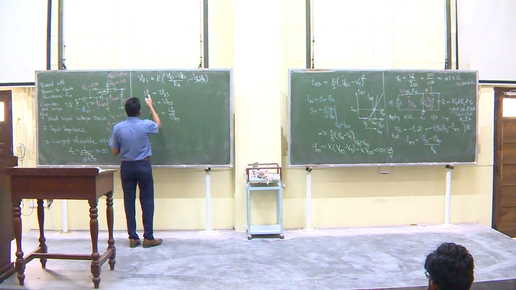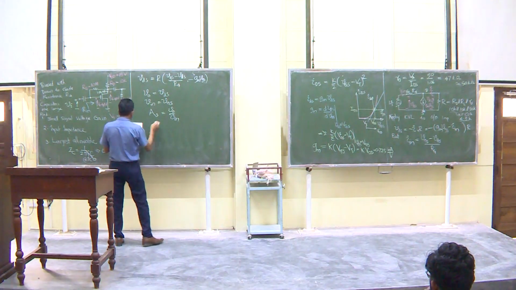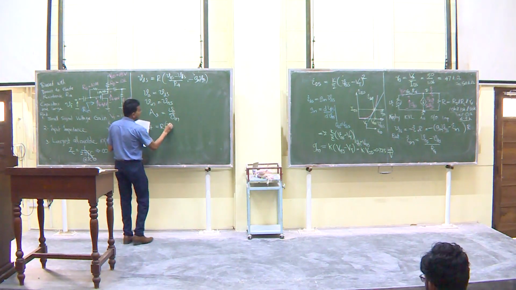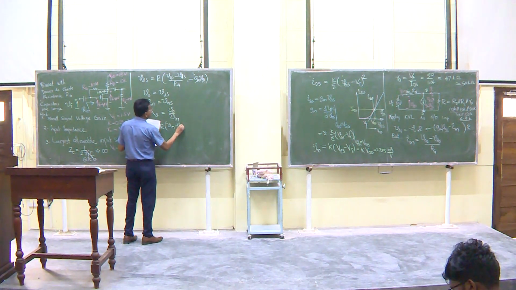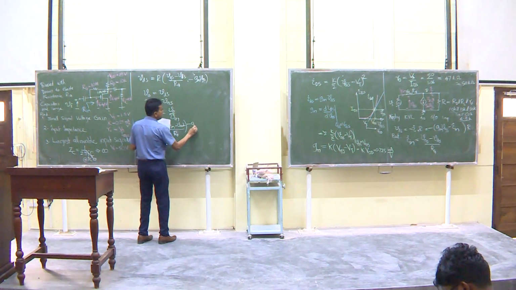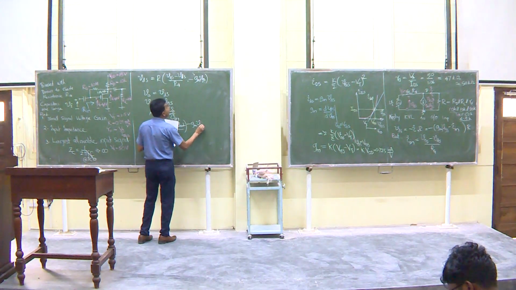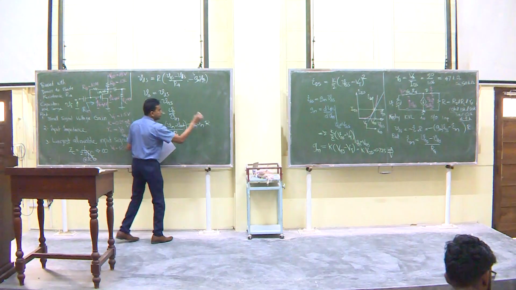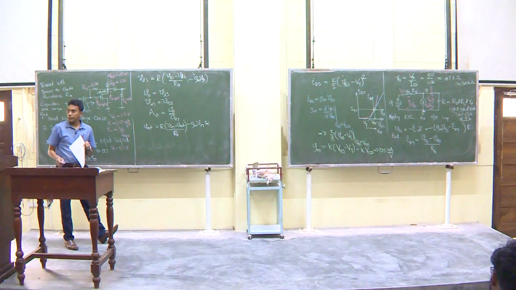So I can rewrite this as V out is equal to R times V in minus V out over RG, minus GM V in, times R, right.